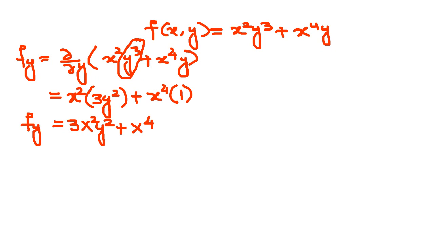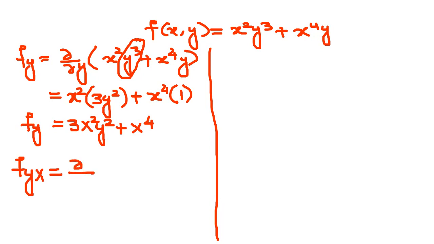Yes, I will write. Now you have to find y and x. y and x means partial by partial x now, because y we already found and this is x, so I write the partial derivative with respect to x.